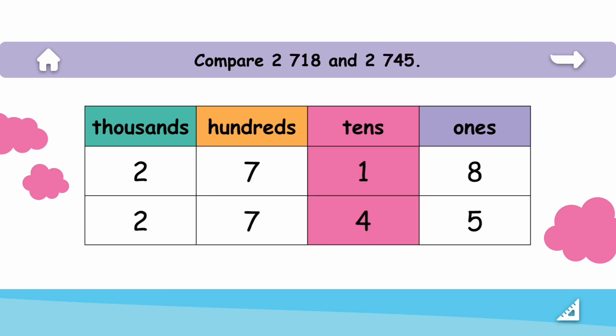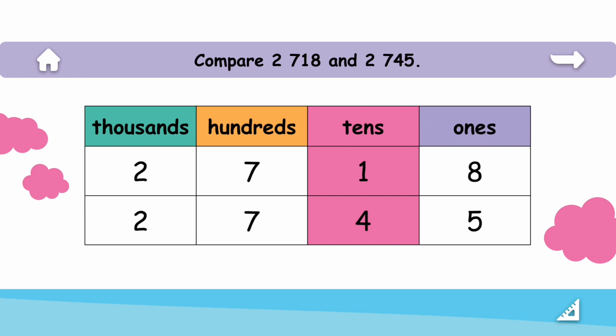Next example, we have 2718 and 2745. So as usual, to compare these numbers, firstly we need to arrange both numbers according to their place value, and then we need to compare from the largest place value to the smallest place value. Let's look at the thousands first.